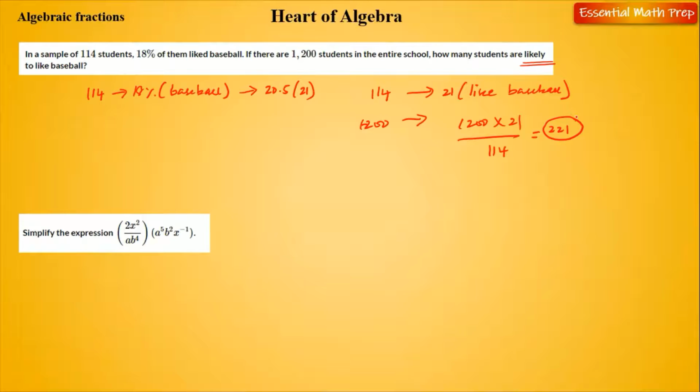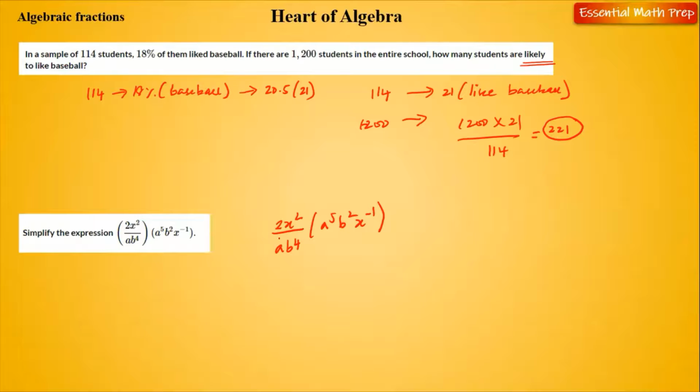Okay. So let's continue. Simplify the expression. And again, as I always said, if possible, simplify. If not, you'd have to deal with it the way it is. So 2x squared over a b to the power 4 times a to the power 5 b squared x to the power minus 1, right? I think in one of the problems I did say that if you have a negative exponent, convert it into a positive exponent.